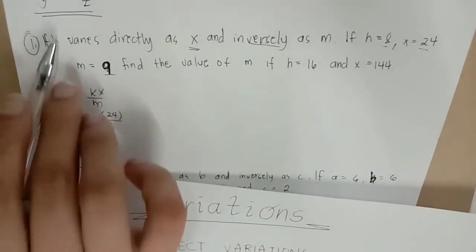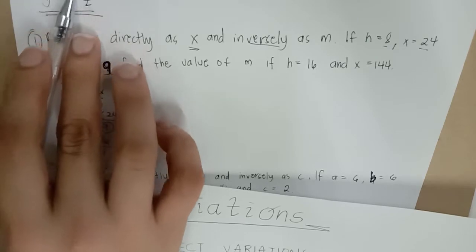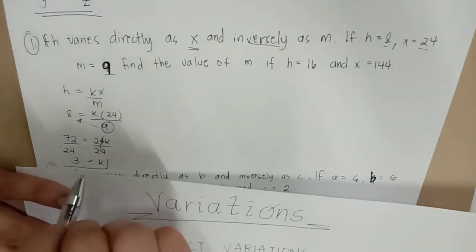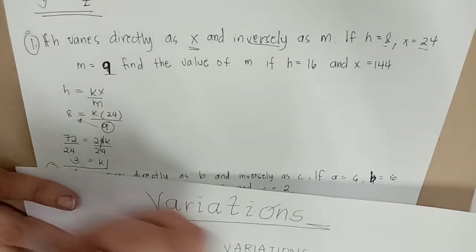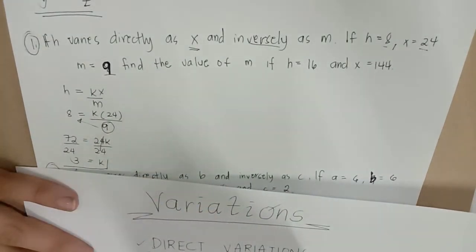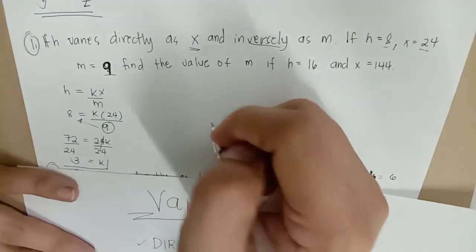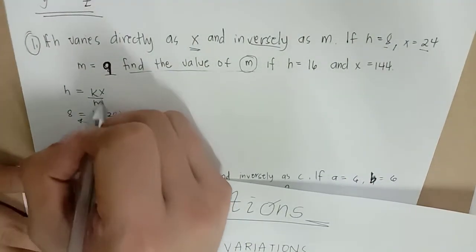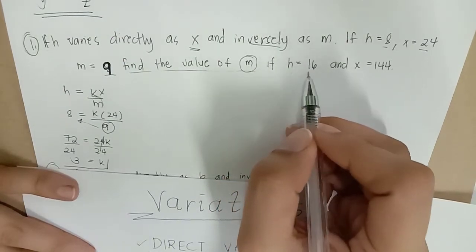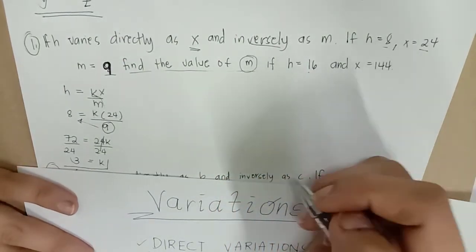So, wala na akong formula para mahanap si k. Instead, nilagay lang po natin yung mga given values tapos sinolve lang po natin. Inoperate na po natin siya. Okay? Next, sabi, find the value of m. Ito po ang nawawala. If h is equals to 16 and x is 144.